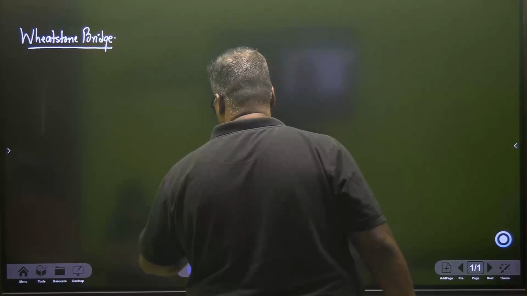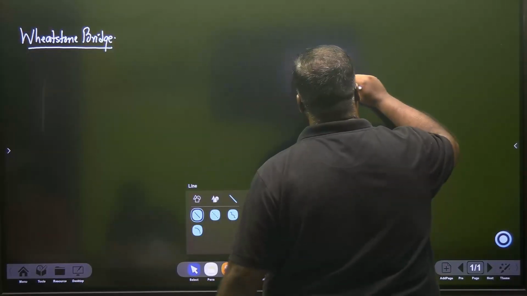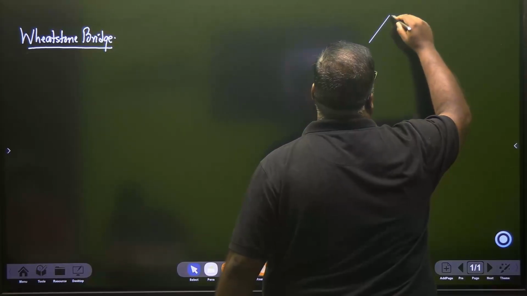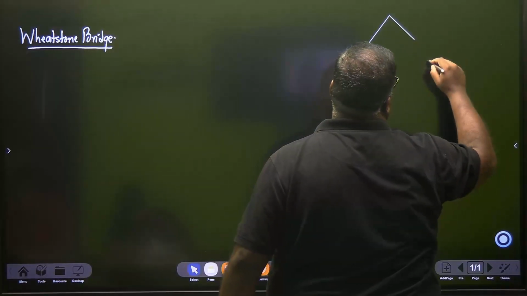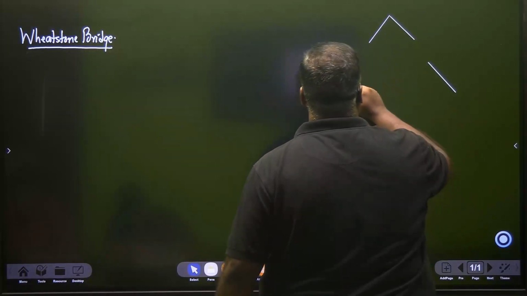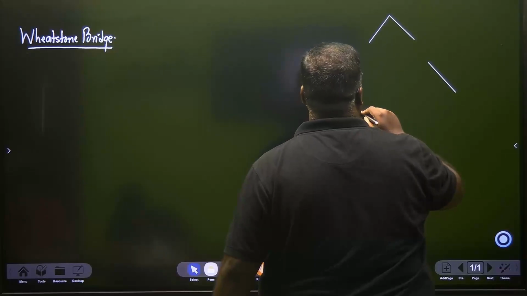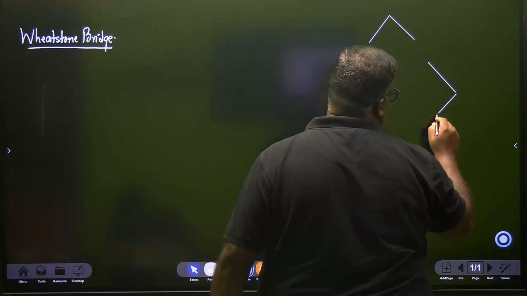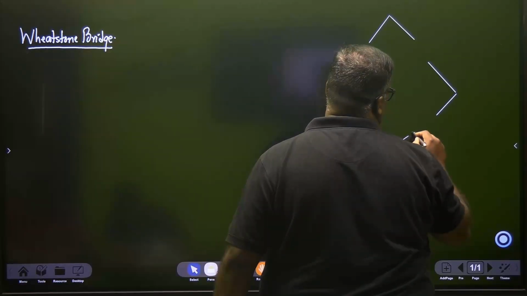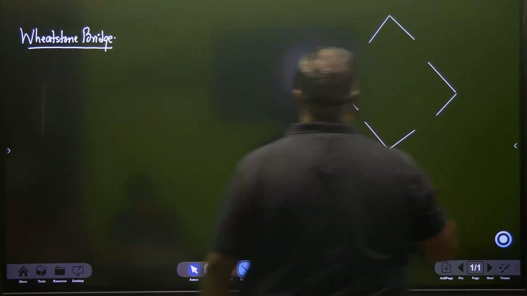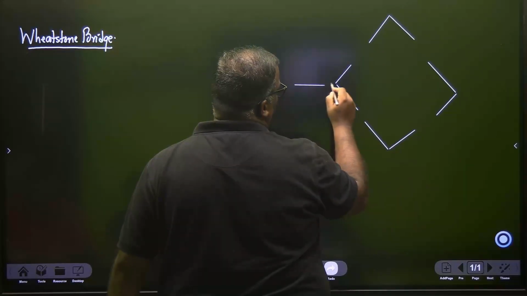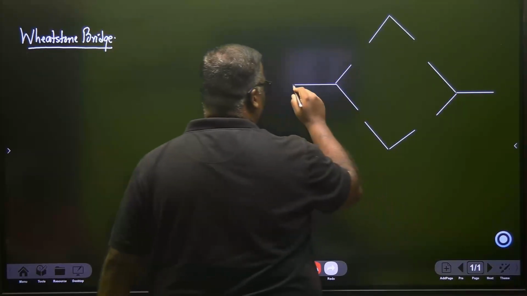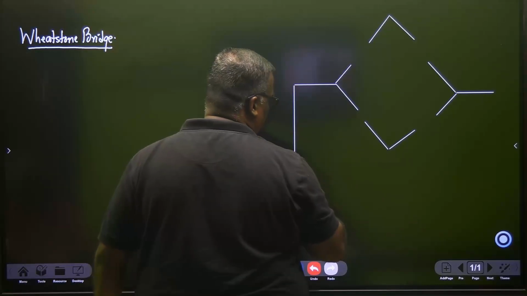It's a combination of four resistances, and while drawing, we draw it in a rhombus pattern. Exactly like a rhombus, two resistances on the top arm and two resistances on the bottom arm. And this bridge will be powered by an external cell.